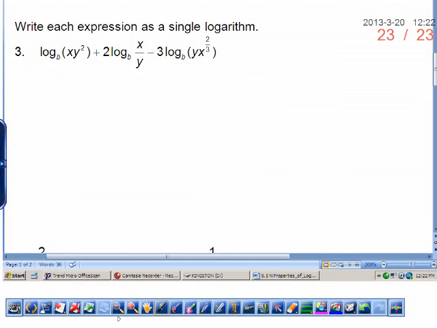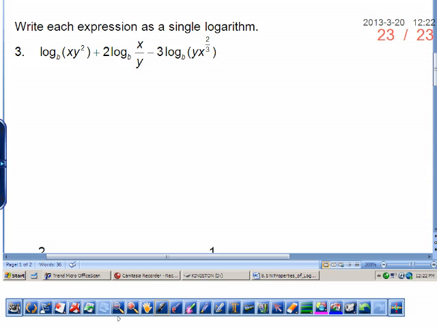So we have log base b of xy squared plus 2 times log base b of x over y minus 3 log base b of y times x to the 2/3. When you see something like this, you just have to take it step by step. We're going to break it down piece by piece.